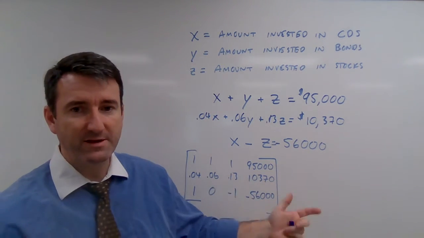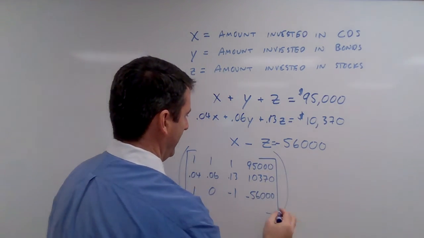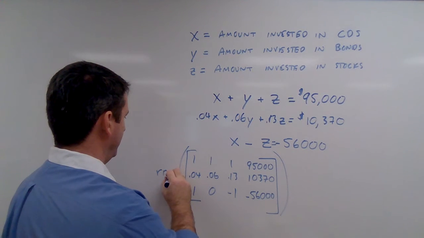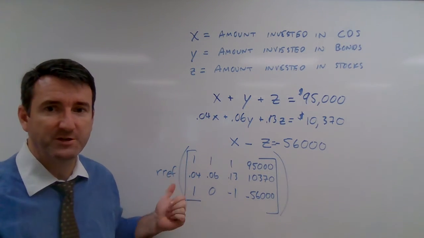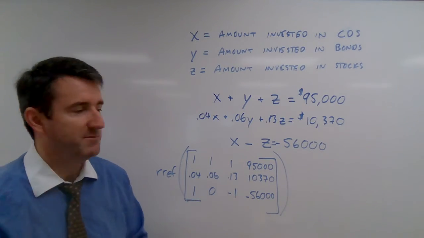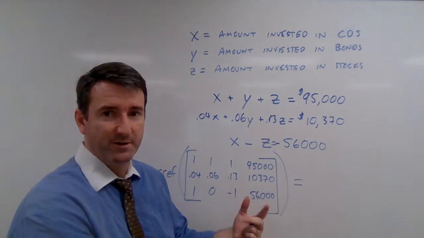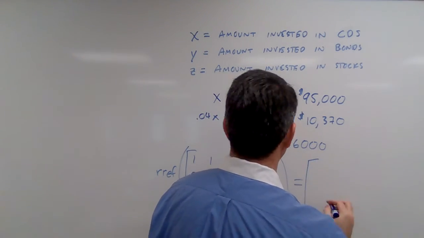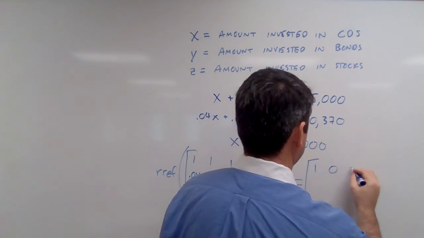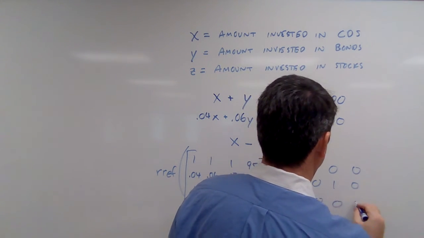So now we have our matrix. If we plug this into our calculator and ask it to find the reduced row echelon form, so RREF of this matrix, and hit enter, it's going to give us this matrix in reduced row echelon form, which is 1, 0, 0, 0, 1, 0, 0, 0, 1.